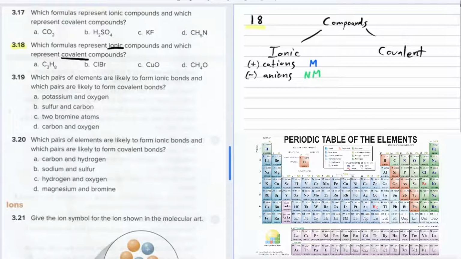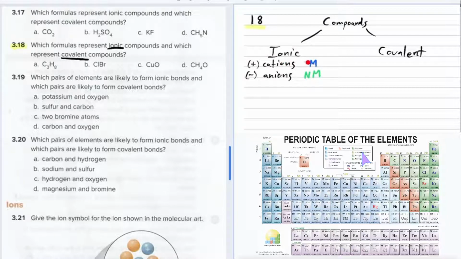I'm color coding this the same way the periodic table down here is color coded. So the nonmetals are the green elements, and the metals are the blue elements. So that's how you identify if a compound is ionic, is if it has a metal and a nonmetal in the formula.